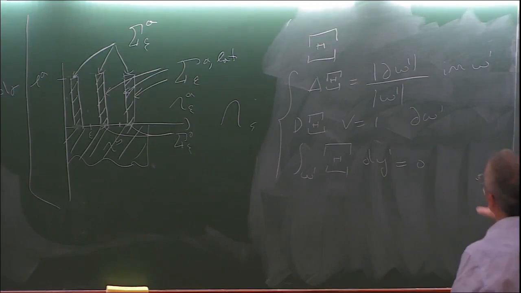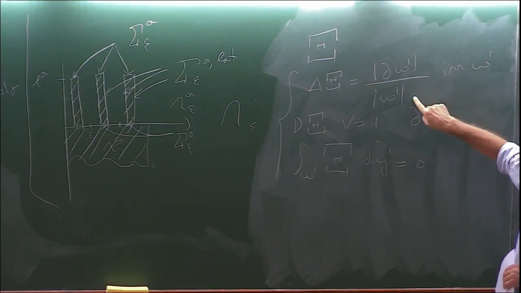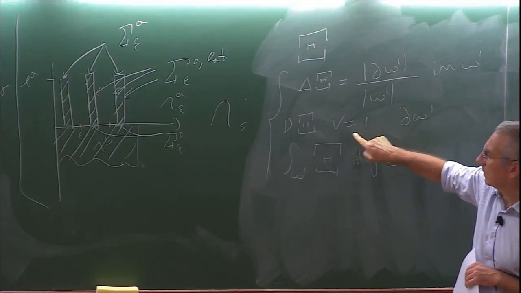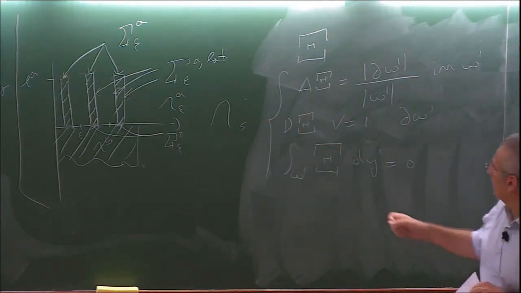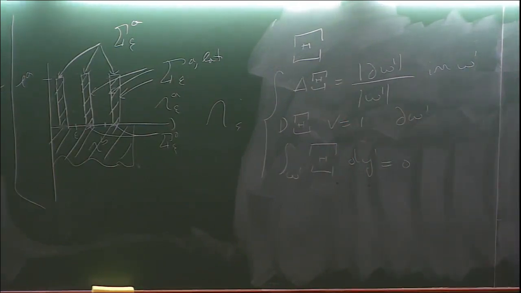The Laplacian is this, the measure is the perimeter of omega prime, and this is the Lebesgue measure of omega prime. We have this Neumann boundary condition on the boundary. Moreover, we have this condition because the solution is not unique, and if you add this, the solution is unique.